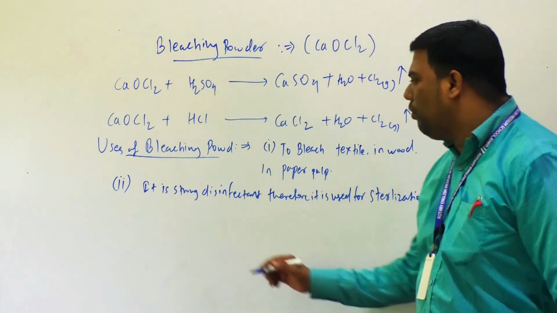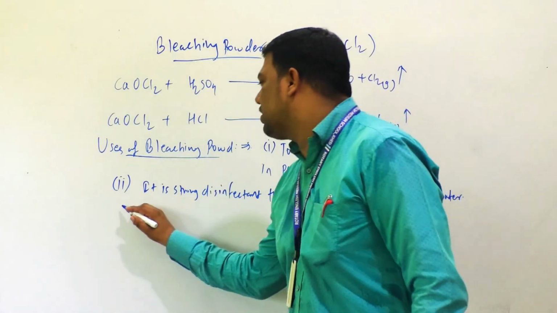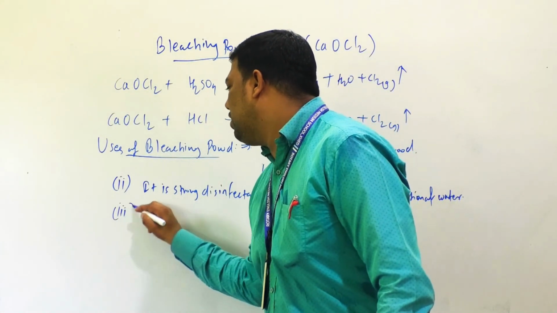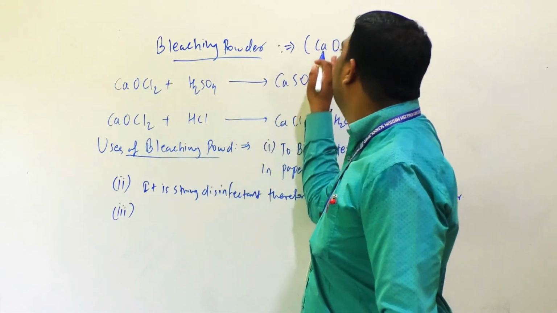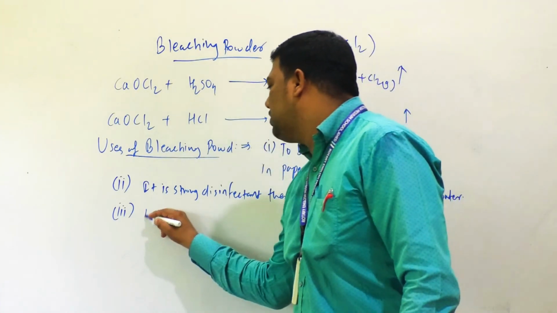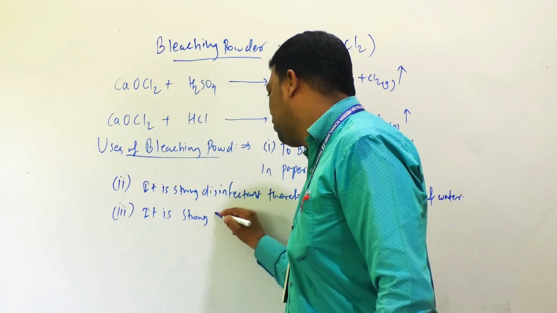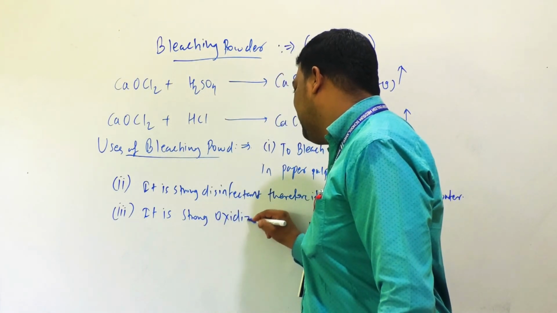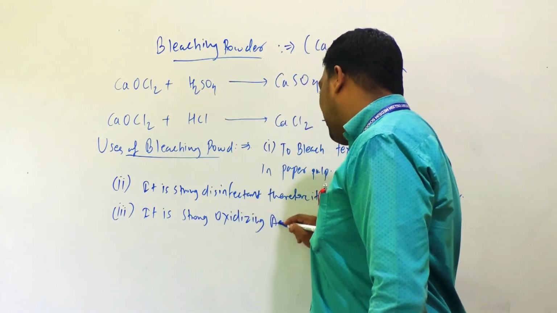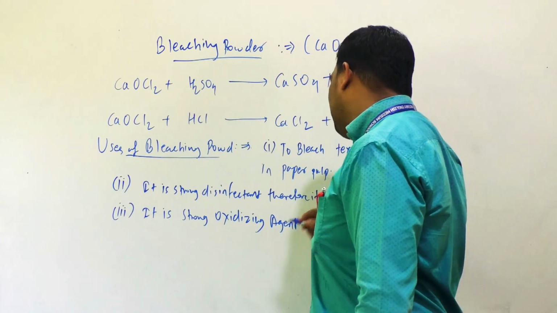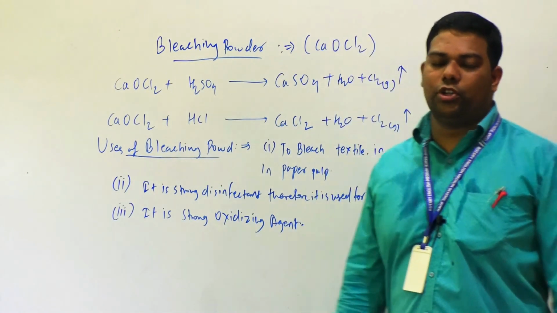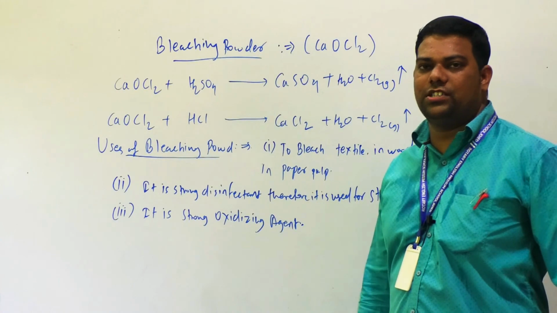One more use: it is a strong oxidizing agent. Why is it a strong oxidizing agent? Because of the presence of oxygen. Like that, as you know, KMnO4, potassium permanganate, is also a strong oxidizing agent.